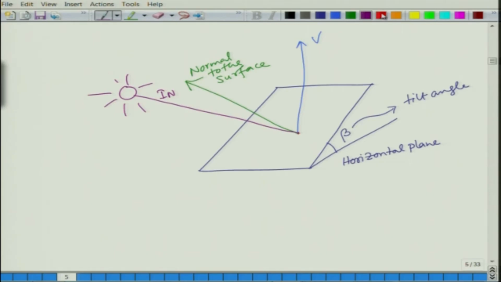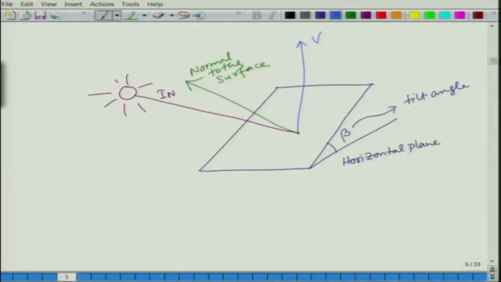Now, another thing we need to mention here is the south direction. As we have talked about, the azimuth angles are always measured with respect to the south direction, right. That is how the solar azimuth angle is measured. So, let us say this is our south direction.